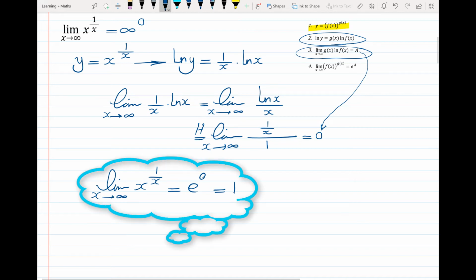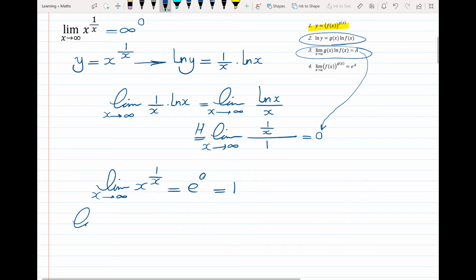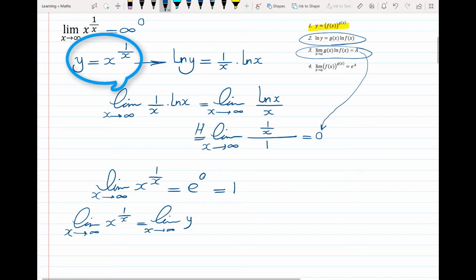If you like to write this last step in a more mathematical way, you can do it like this. Limit x approaches infinity of x to the power of 1 over x is limit of y as x approaches infinity. Note that y is x to the power of 1 over x. And we can rewrite e to the ln of y instead of y.